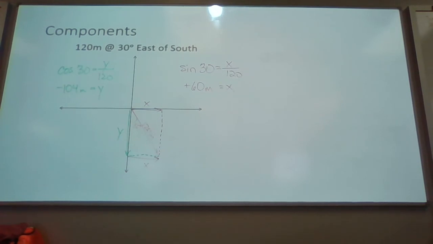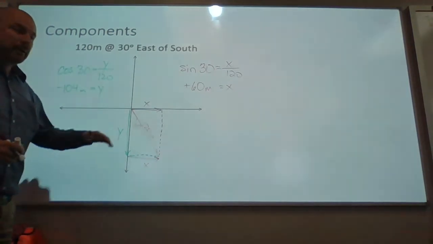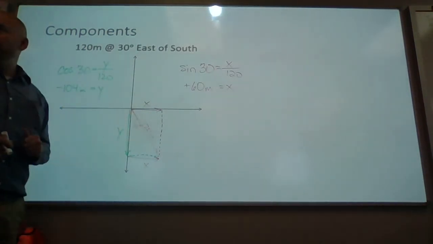Okay, you all heard of the word component before this class? Like components. Okay, it usually means like the parts or pieces of the whole. Okay, watch what happens when we find the resultant of the x and the y components.